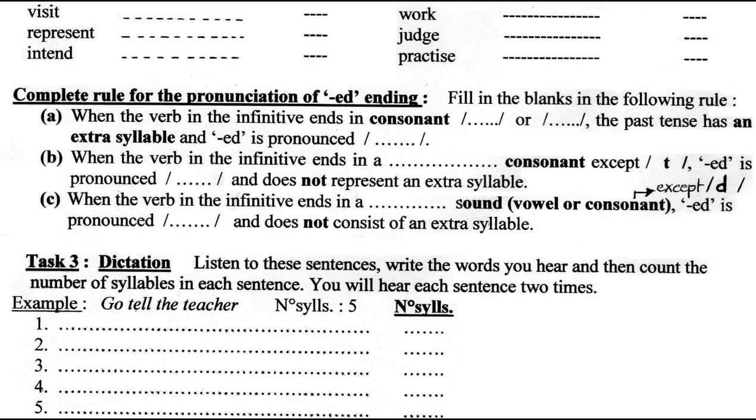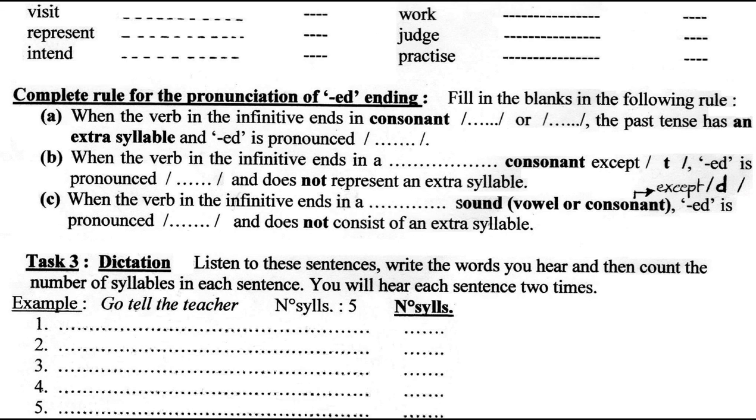The last part of the rule, which is C: when the verb in the infinitive ends in a voiced sound. Here the missing word is voiced. What do we mean by voiced sound? It is a sound where, when it is produced, there is a vibration of the vocal cords.